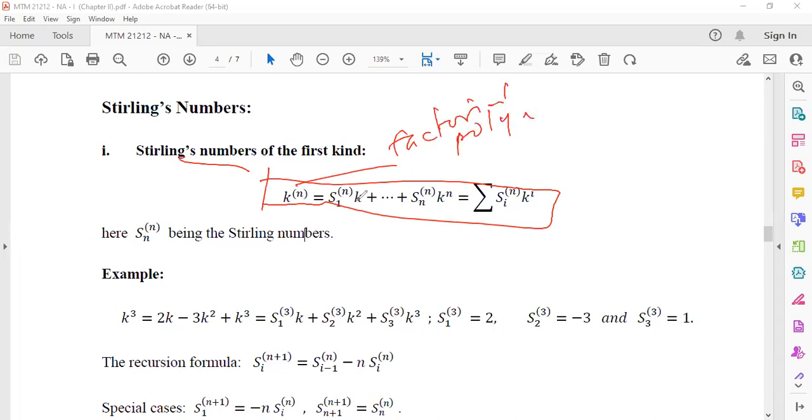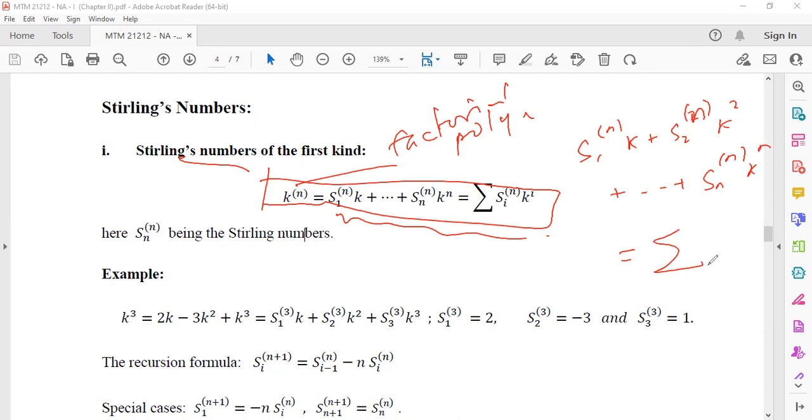This can be written in the standard form of Stirling numbers: S1 n of k plus S2 n of k squared, up to Sn n of k to the power n, which can also be written in summation form, the sum of S_i n of k to the power i, where i goes from 1 up to n.